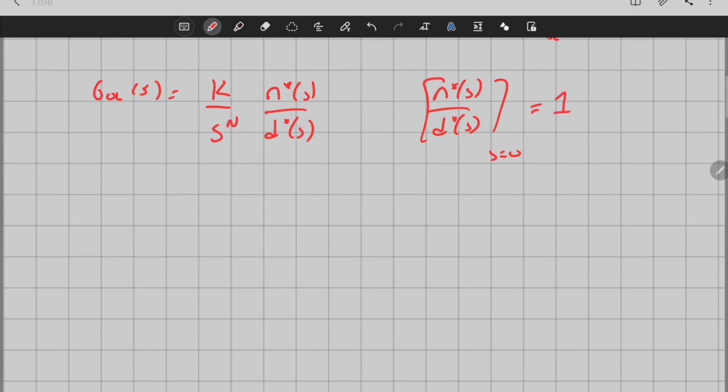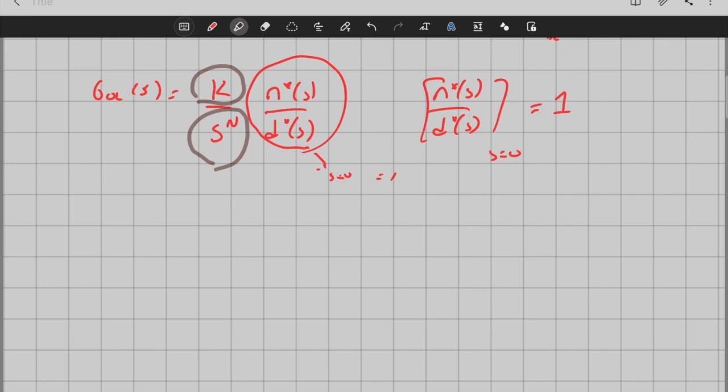This part is composed of a bunch of zeros and poles, but we know that when I plug in s equal to 0, it is just 1. So in that respect, G_OL of s is characterized by a constant, a bunch of free integrators of order n, and a transfer function, or rational function, which equals 1 when we plug in s equal to 0.